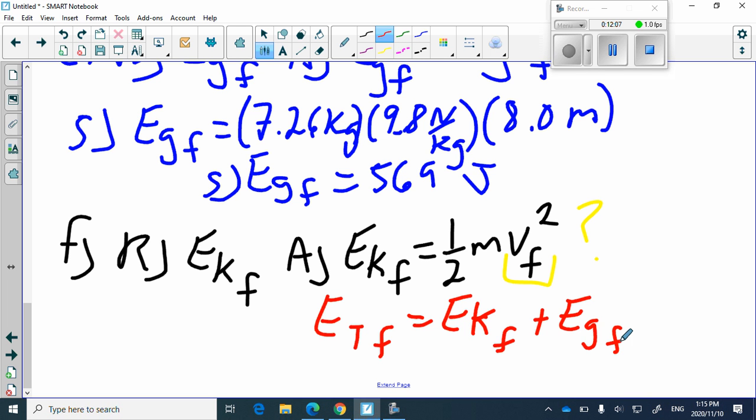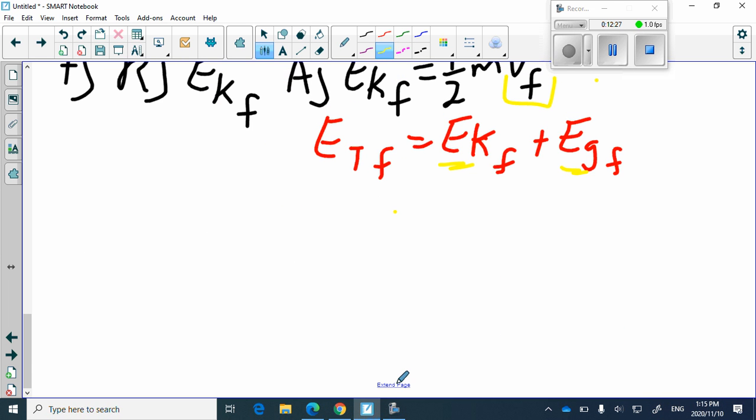So I'm using the definition of total mechanical energy. Total mechanical energy at any position is equal to the sum of the kinetic energy at that position plus the gravitational potential energy at that position. All right? I want to find the kinetic energy.